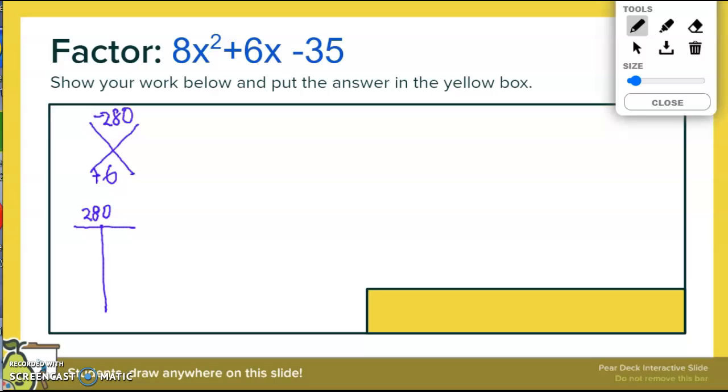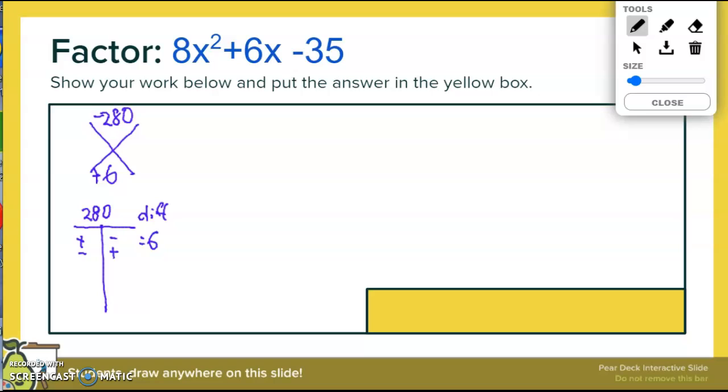But I know one's going to be positive, one's going to be negative. So I'm looking for the difference between these 2 numbers to be 6, because one's going to be positive, one's going to be negative, or negative positive, we don't know.